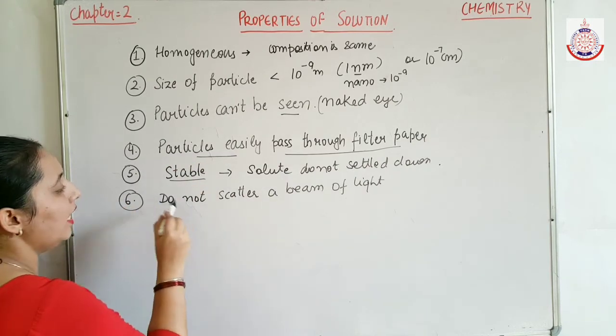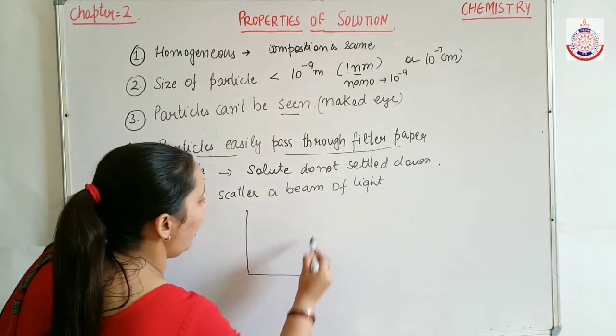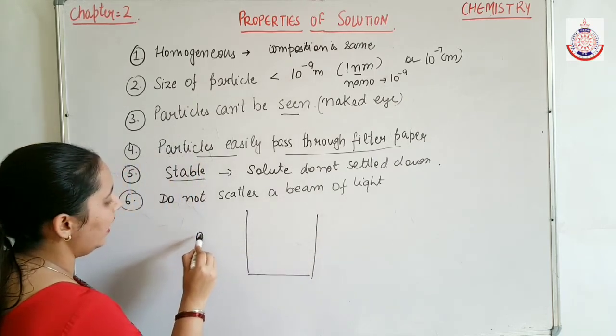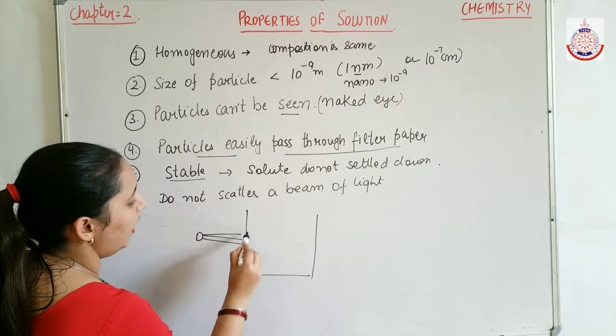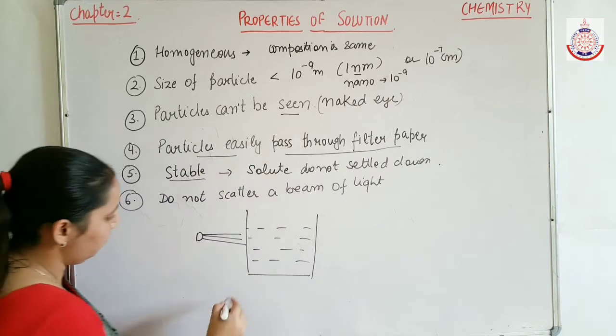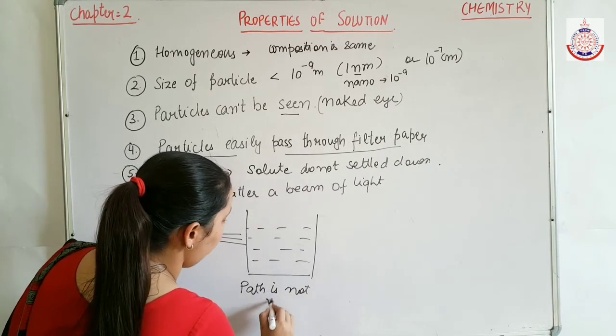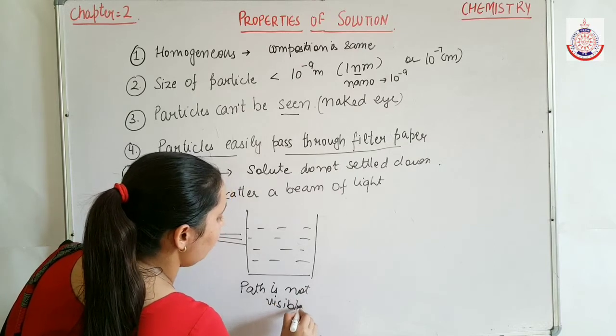Next is they do not scatter a beam of light. Whenever you pass a beam of light through a solution, they do not show the path. The path is not visible. Why?